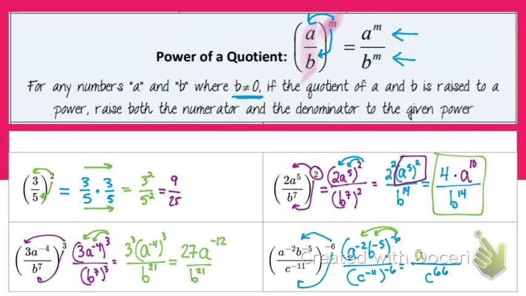So I've got the a to the negative 2 raised to the negative 6 and the b to the negative 5 raised to the negative 6. Those are both power to a powers, so I keep the bases and I multiply the exponents. And that is my final answer there. So coming up with that one, that's a to the 12th, b to the 30th, over c to the 66.